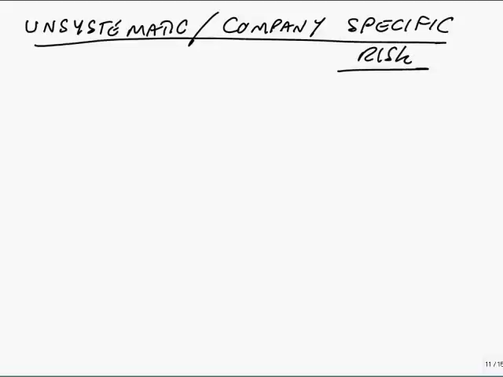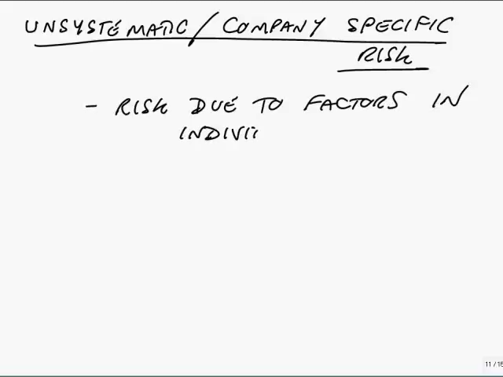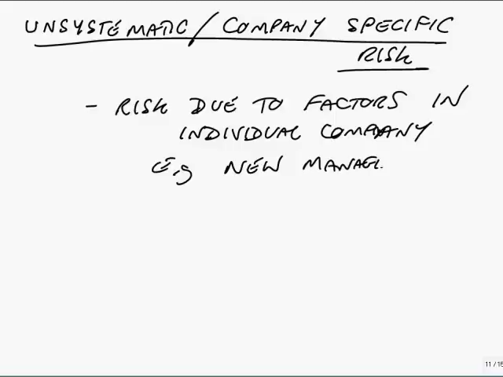So unsystematic or company-specific risk is risk due to factors in the individual company, such as, and they're very textbook examples, but be able to give one or two, the two I gave were fine: a new managing director, strikes by the workers.